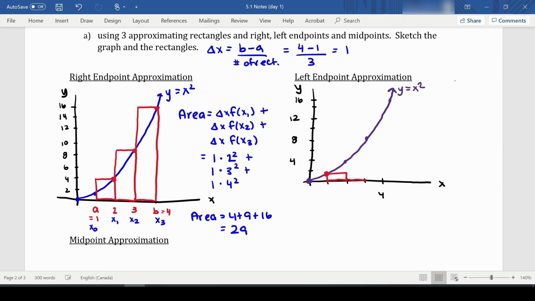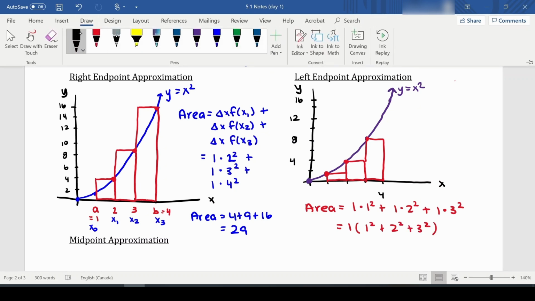My width is 1, but my top left corner will go on my curve. So in this case, my area is going to be 1 times 1 squared plus 1 times 2 squared plus 1 times 3 squared. Or in other words, 1 times (1 squared plus 2 squared plus 3 squared).